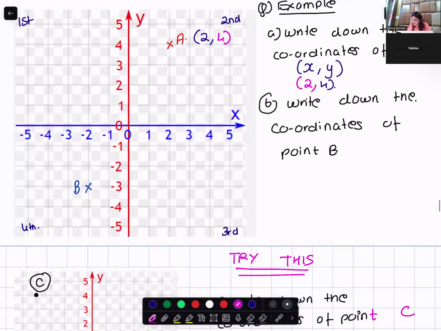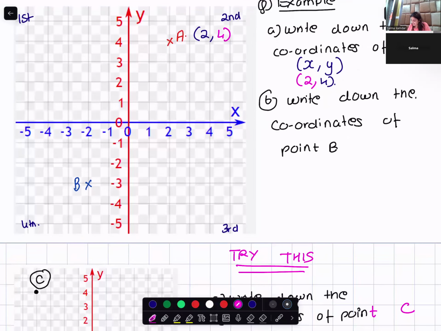Let's see the coordinates of point B. I will write it in the form of x, y. Go to the x-axis, -2.